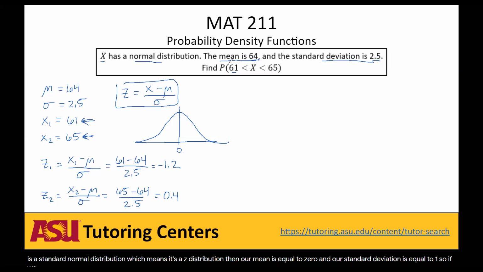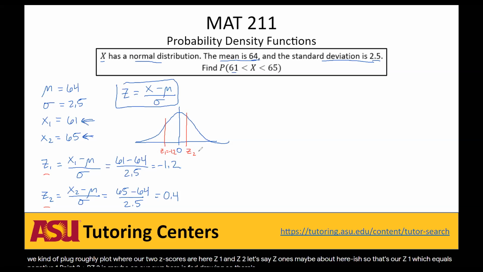So if we roughly plot where our two Z-scores are here, Z1 and Z2. Let's say Z1's maybe about here-ish. So that's our Z1, which equals negative 1.2. And our Z2 is maybe here-ish, bad drawing. So there's our Z2, which is equal to 0.4.